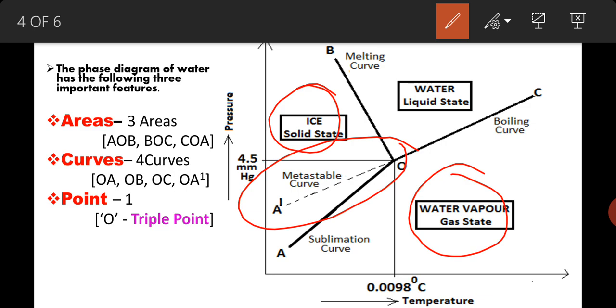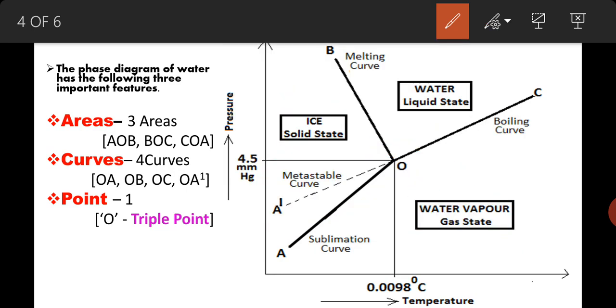The interesting concept here is that when vapor is rapidly cooled below its freezing point, it converts into a supercooled liquid form. This type of anomalous behavior is called supercooling of water. If this liquid is disturbed, it immediately converts into ice crystals. This state is called the metastable state. Here the phases are 2.